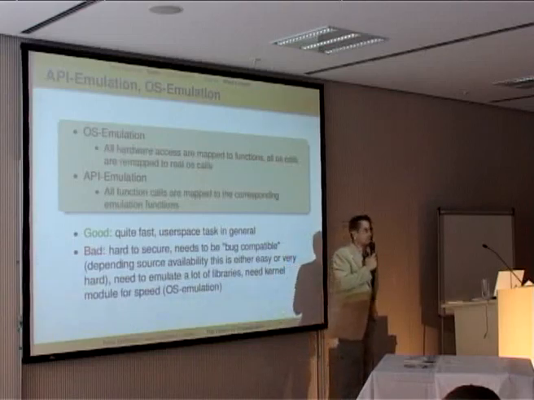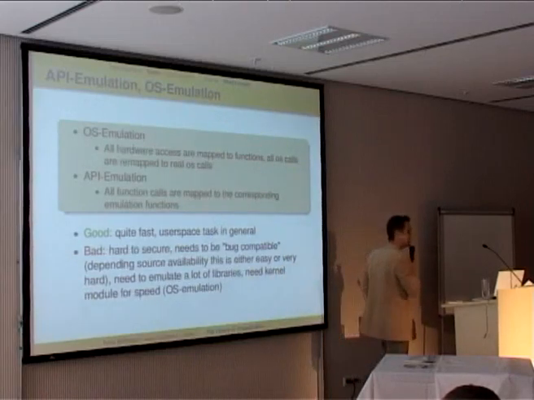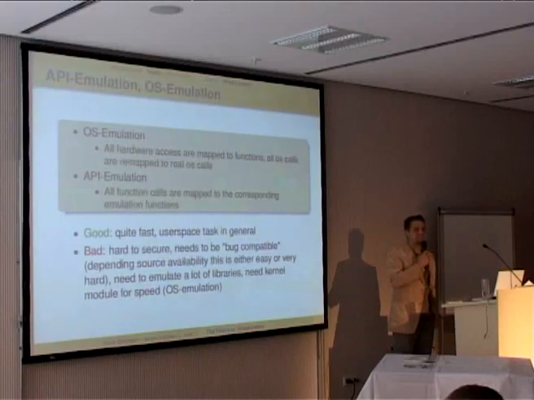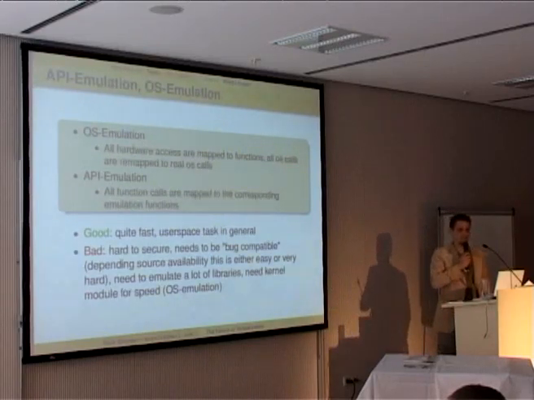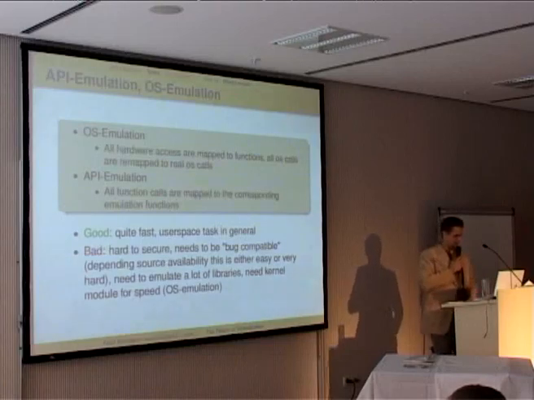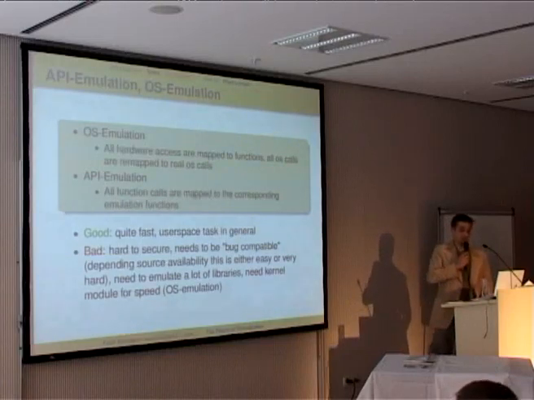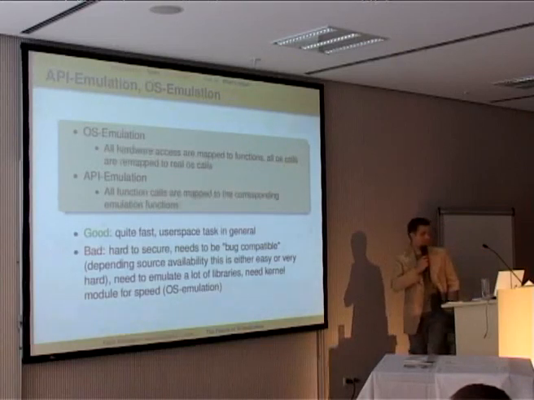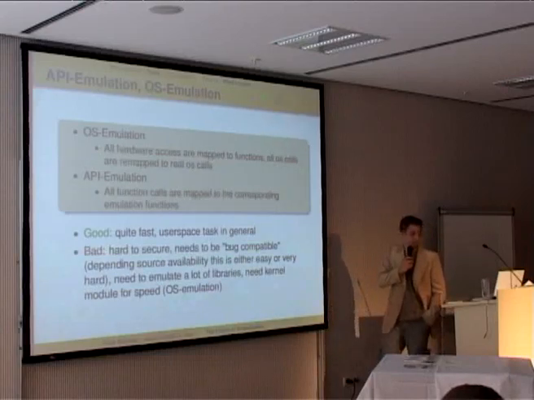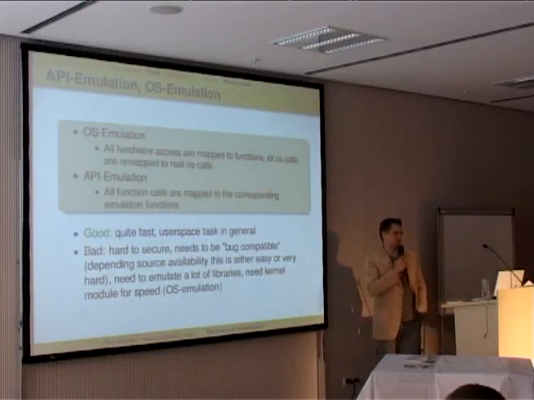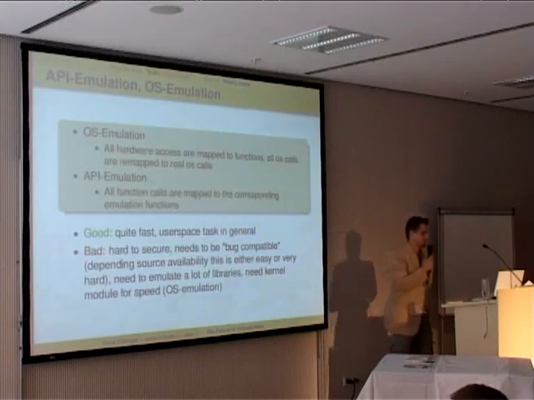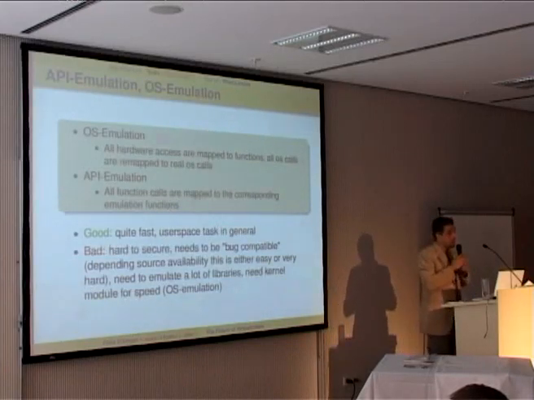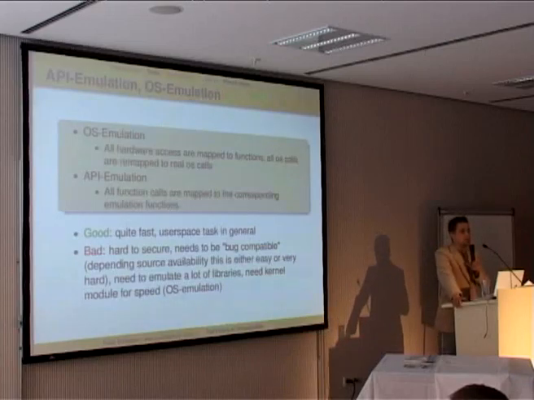In the case of Windows, maybe you know that there are plenty of bugs. You need to be compatible with any of them. So you also need to emulate a lot of libraries, and this makes API emulation quite a hassle. But if the program you want to use already works, use it.